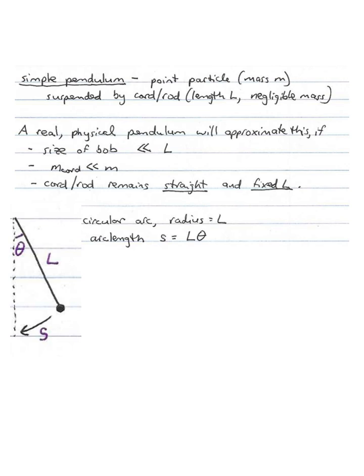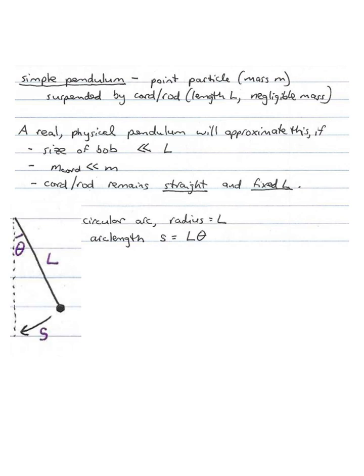All right, so a simple pendulum is a mass. We'll treat it as a point particle because it's going to be a significantly small mass that's suspended from either a cord or a rod. Now, this cord or rod is going to have a length of L and negligible mass. So as long as we can consider that the mass of the pendulum is all located at the mass that's hanging on the end, which we call a bob.